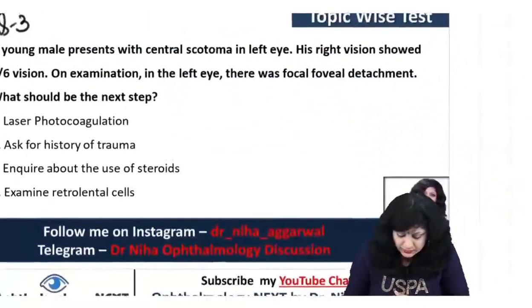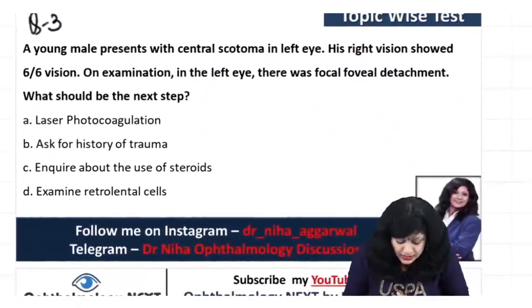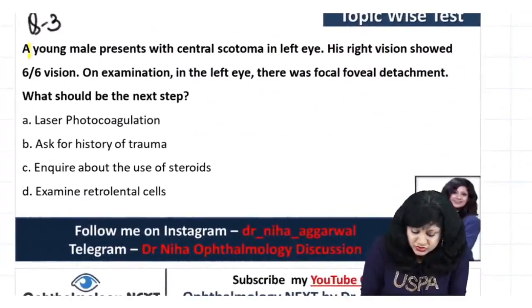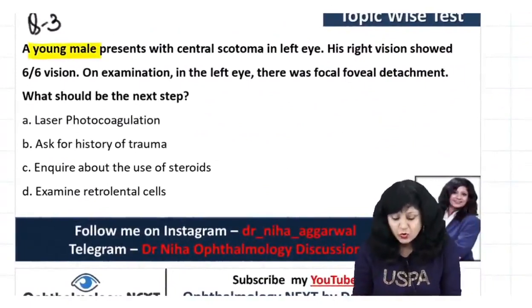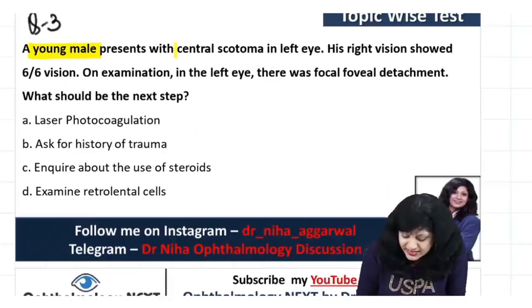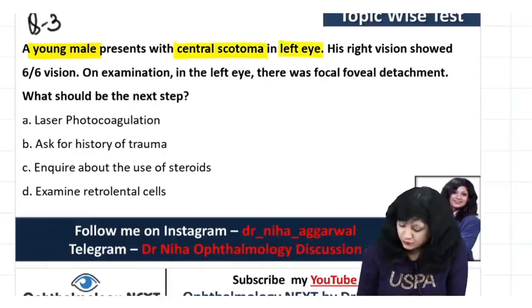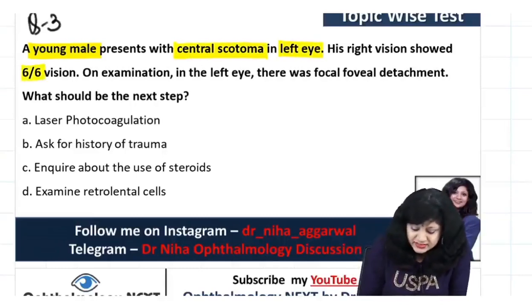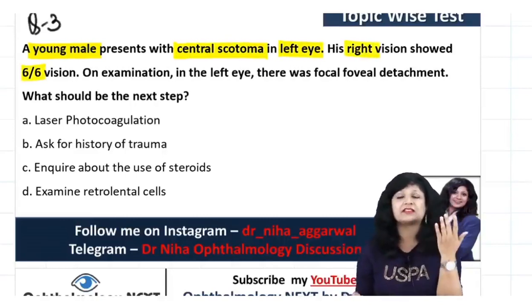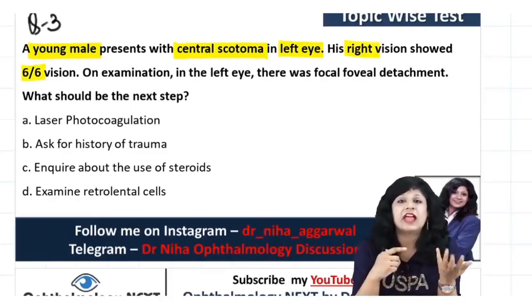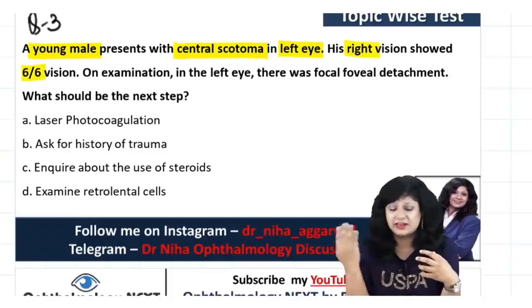Alright, now coming to the question number 3. We have a young patient, young male, who is presenting with central scotoma in the left eye, while the right eye is showing 6/6 vision. So there is a young male who is having unilateral central scotoma, other eye normal.